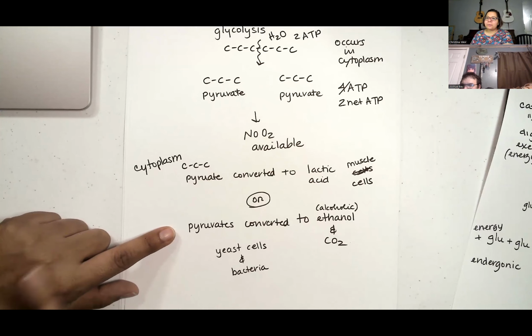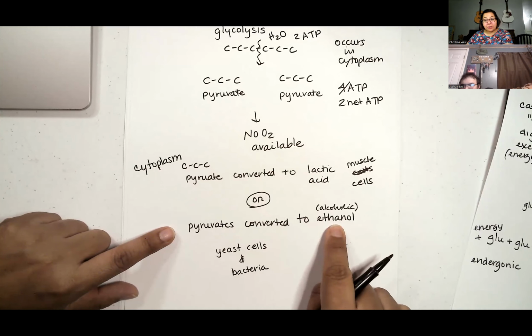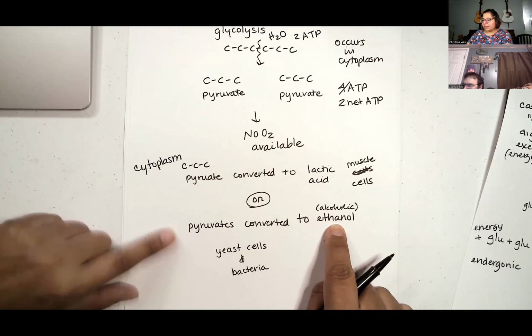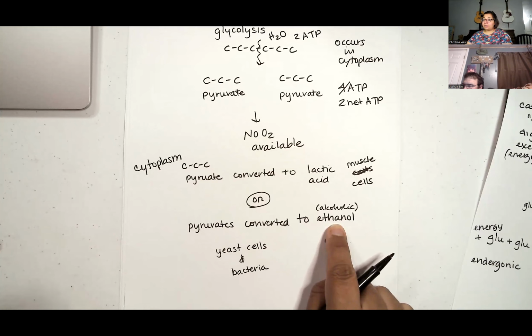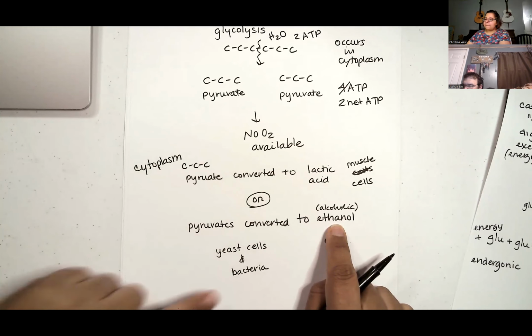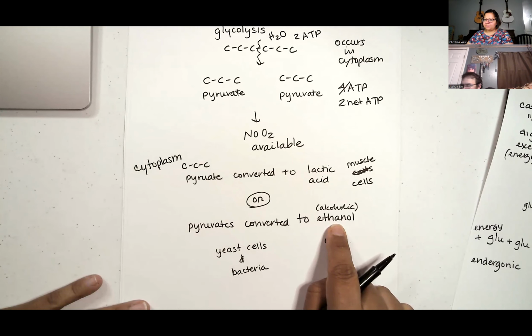The entire beer, wine, and spirit industry depend on this process in order to generate their product. So this is how ethanol is made: we allow yeast to basically break down sugar in the absence of oxygen. Certain bacteria can do this process also.